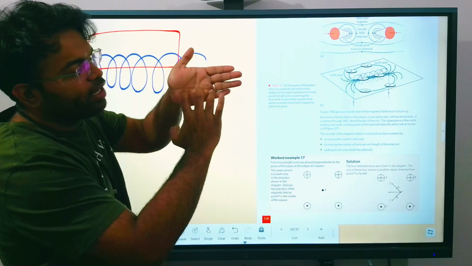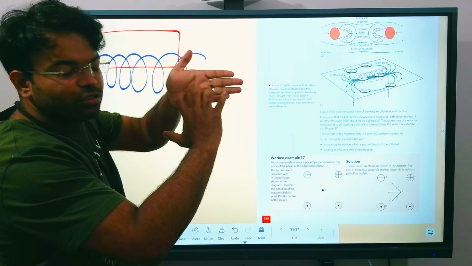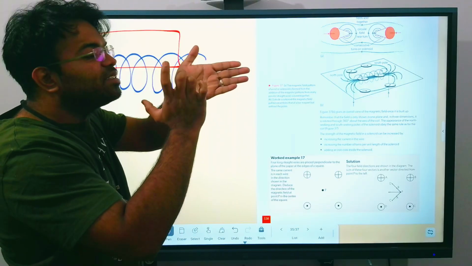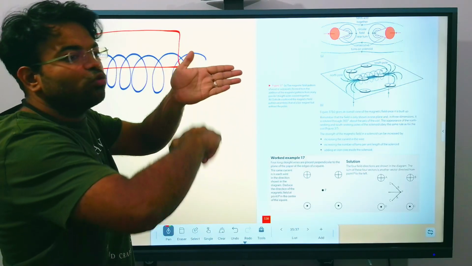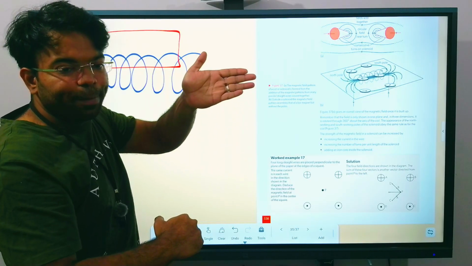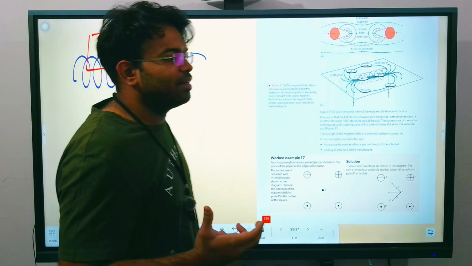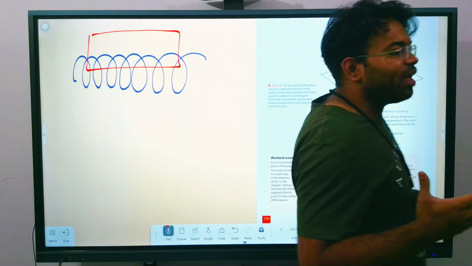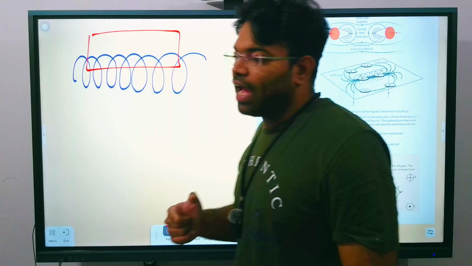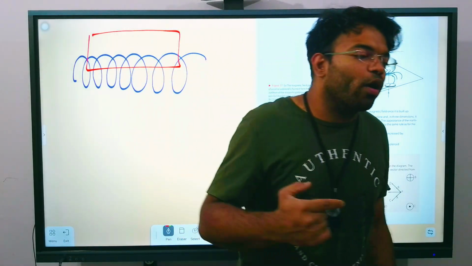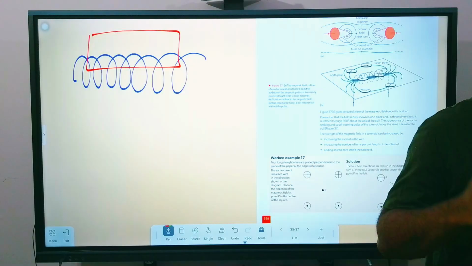One, two, three, four, right? So every single wire is crossing through this imaginary paper. So what happens here? What is happening here is that as the number of current coils increases, each coil is producing its own magnetic field. One second.